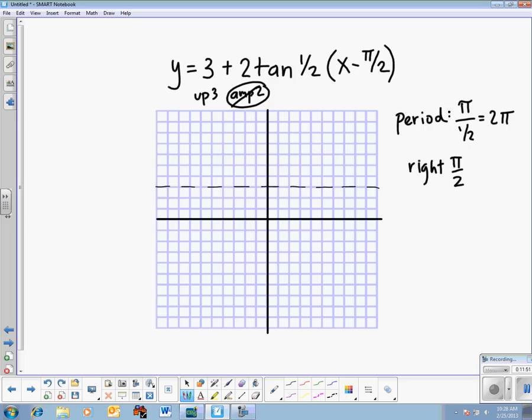So I had this point that was on my standard tangent graph, and since it moved up, it would be here. I'm going to start by moving that right pi over 2. My new starting point is here.